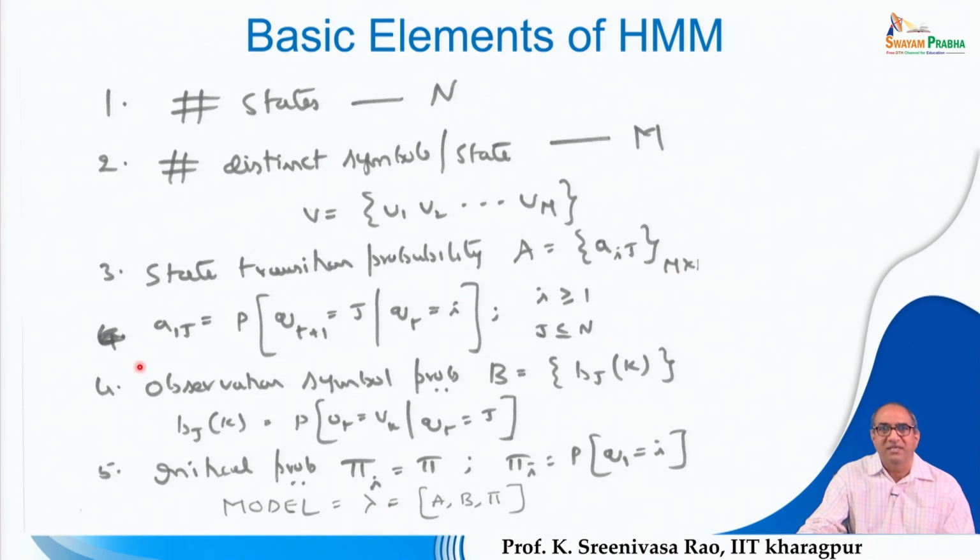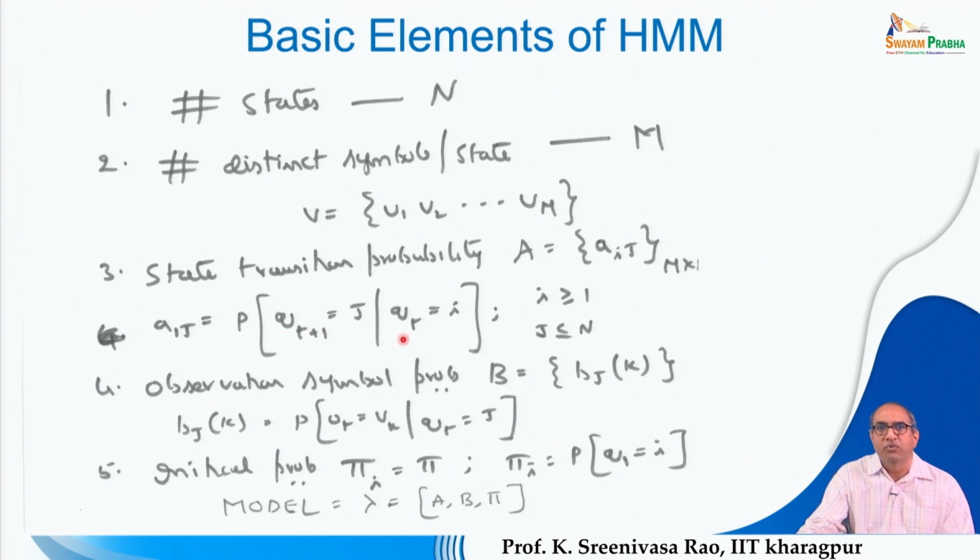As we already saw, Aij is the state transition probability from i to j, that is, the probability of qt plus 1 equals j given qt equals i. Here t and t plus 1 are references. Here t indicates the previous state and t plus 1 indicates the current state; or if t is the current state, then the previous time instance becomes t minus 1.